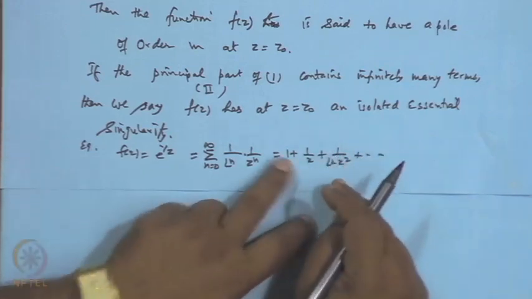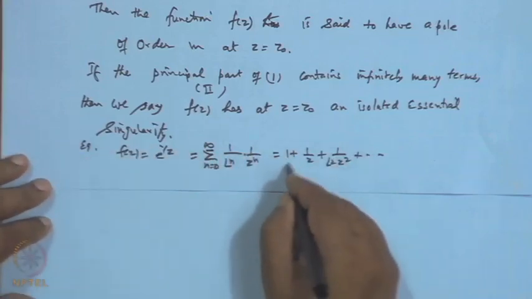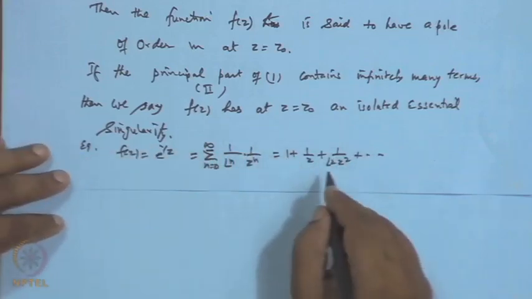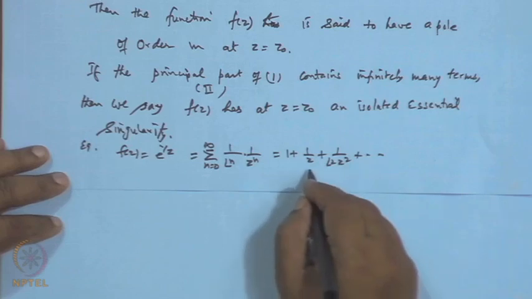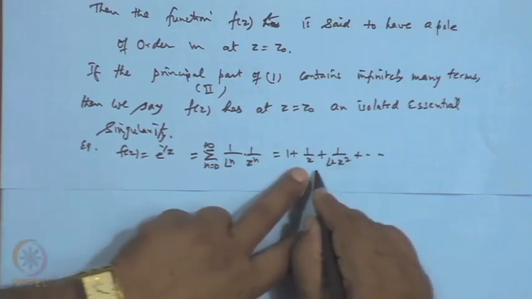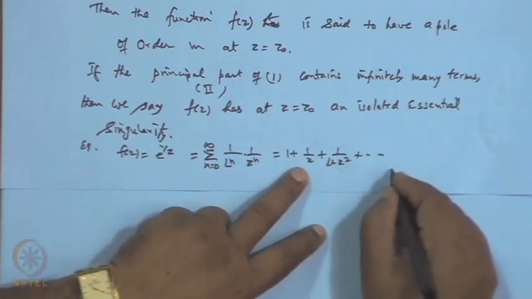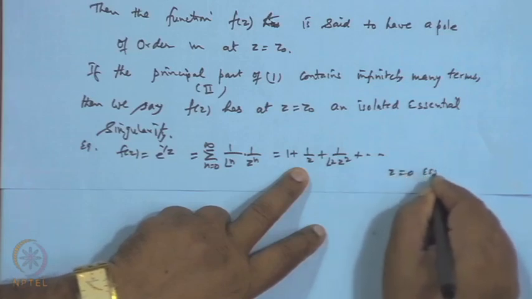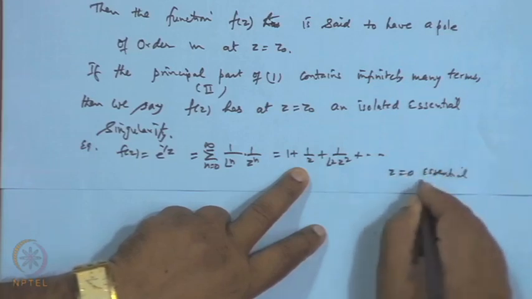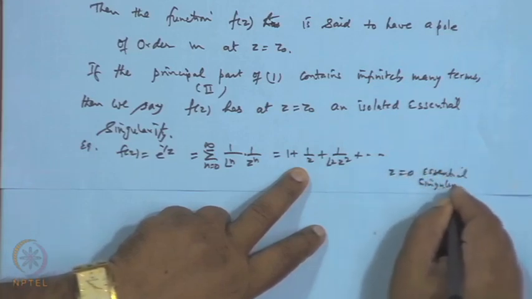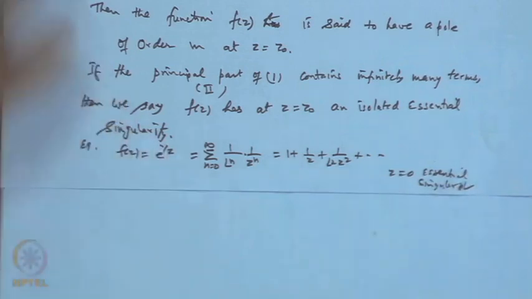It does not have positive powers, only one constant term is there, and the rest are zeros. So, the negative part contains infinitely many terms. So, z equal to 0 is an essential singular point for this. Similarly, when we take sin 1 by z, we get similar terms.